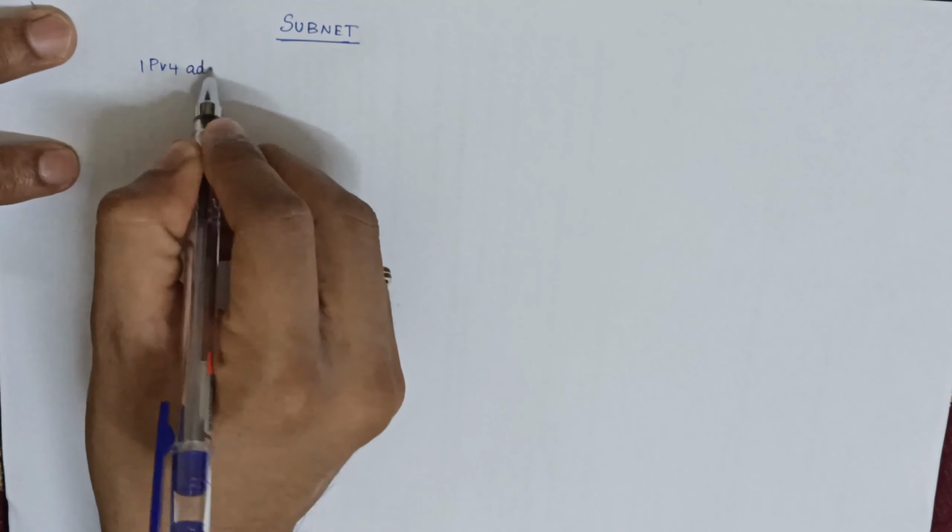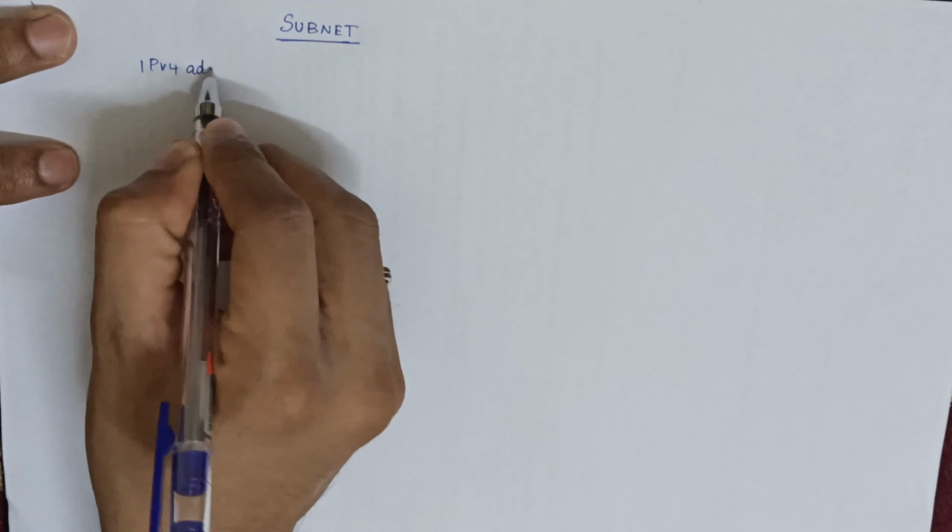So first I am going to take a class A IP address, which is 10.0.0.0/8, which is a class A. So by default it has 8 network bits, and it needs 10 subnets here. So this network wants 10 subnets. So 2 to the power of what will give 10? 2 to the power of 4, which gives 16.